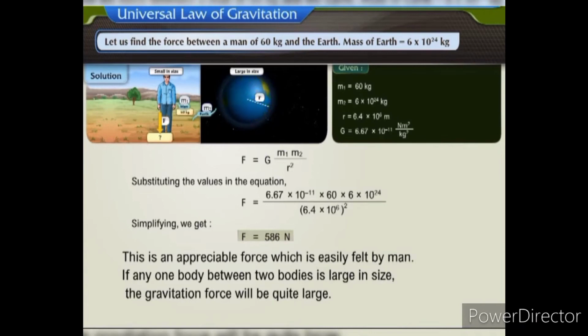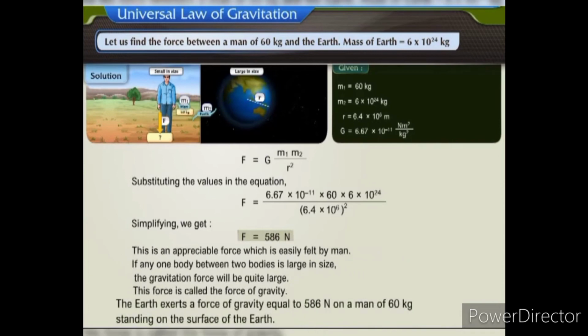This force is called the force of gravity. The Earth exerts a force of gravity equal to 586 Newton on a man of 60 kgs standing on the surface of the Earth. Now, let us solve few examples based on what we have learned so far.